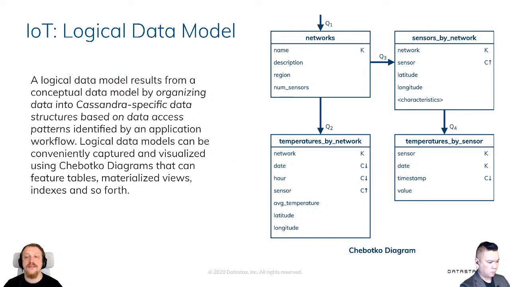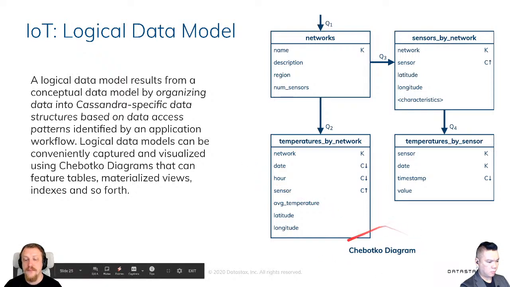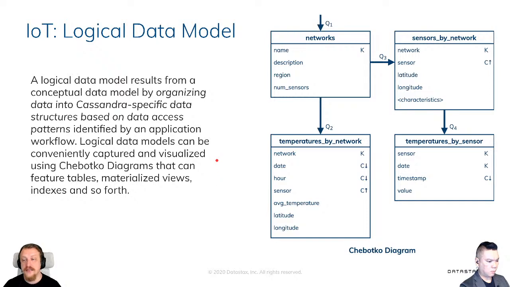Logical data models can be conveniently captured and visualized using a Chebotko diagram, which can feature tables, views, indexes, and so forth. And here we start to speak Cassandra, but we are not done yet. So that's the first approach, and we may need a second one to have the final result.